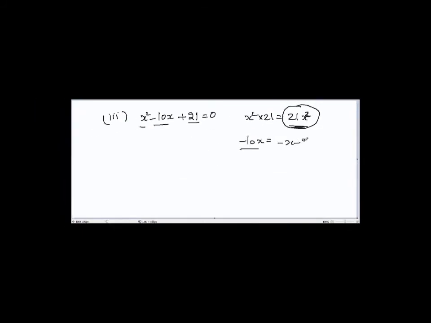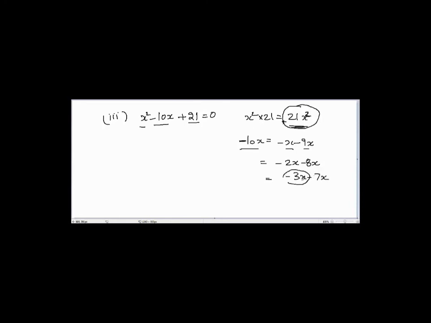So I can split minus 10x into minus x minus 9x, because the product of minus x and minus 9x is positive, and we want something positive here, but we want the sum to be negative here, so both the terms have to be negative. I can also split minus 10x into minus 2x minus 8x, or minus 3x minus 7x.